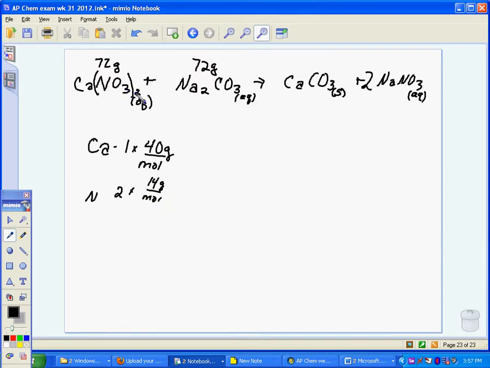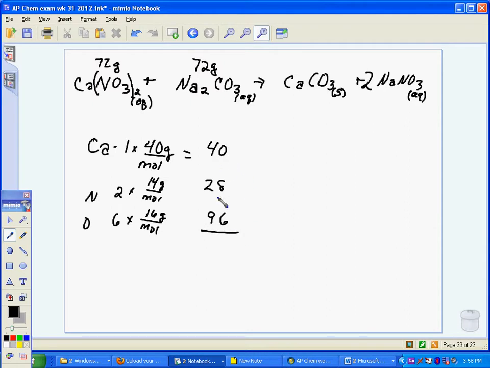I've got 6 oxygens here, 16 grams per mole. Alright, so 1 times 40 gives me 40. 2 times 14 is going to give me 28. 6 times 16 would be 96, I believe.